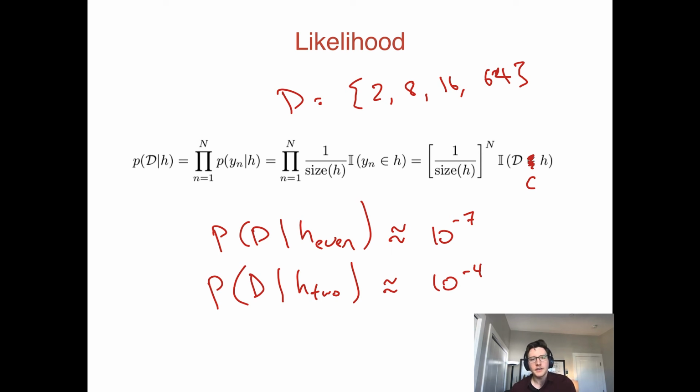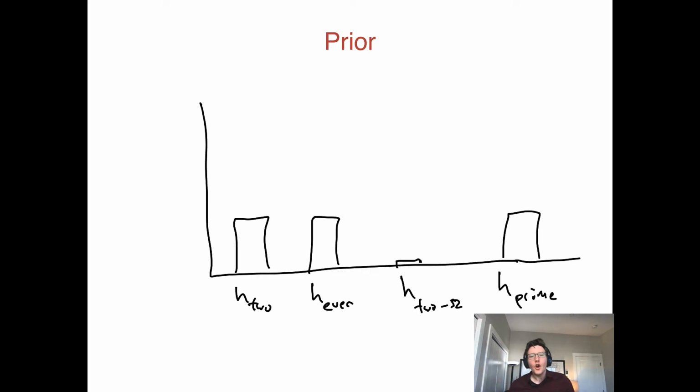We have this intuition that powers of 2 are somehow more reasonable than powers of 2 minus 32. How do we formalize this fact that we think of some concepts as being much more reasonable than others? Again, the powers of 2 are much more reasonable than the powers of 2 minus 32.